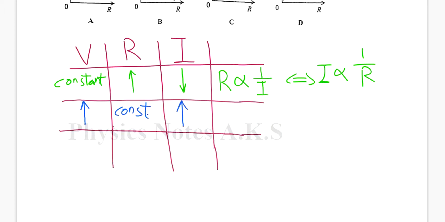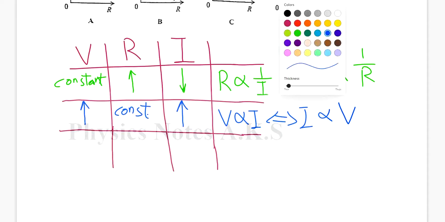The V and I are directly proportional, so V directly proportional with I, and vice versa. I can say I directly proportional with V. This is at a constant resistance and at constant temperature. Okay?